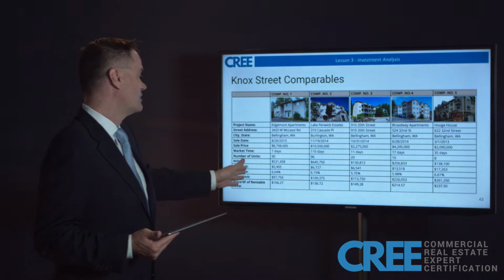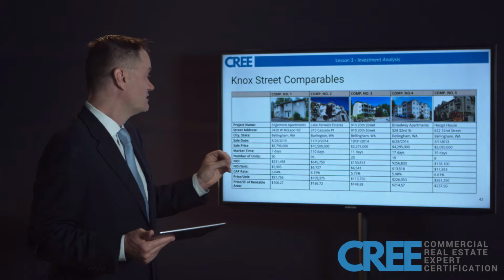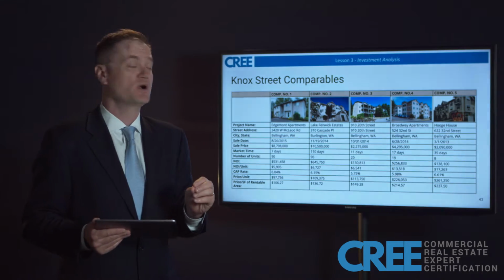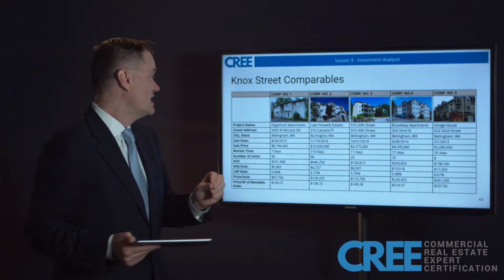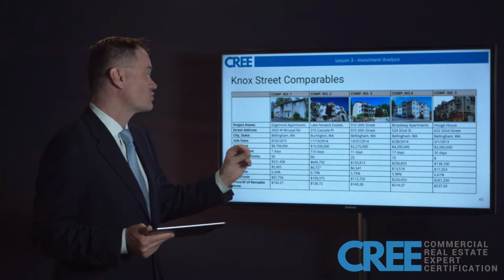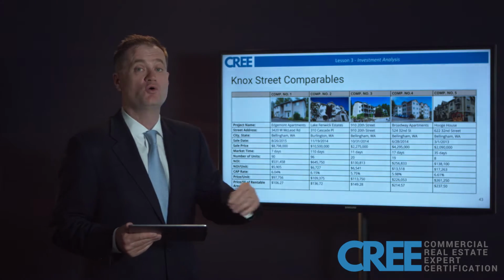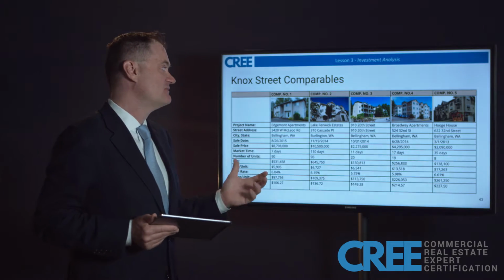We also look at them on a price per square foot, and you notice that they vary very widely. They range from $106 to almost $240 per square foot. We also analyze them on a per unit basis. And you can see that the price per unit ranges very widely, from less than $100,000 to over $260,000 per unit. You have to dive into the comparables.